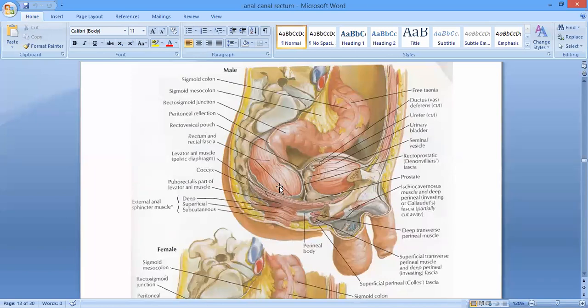It is the point where the rectum is going to be continuous with the anal canal, and it is marked by what? Right? It is marked by the forward convexity of the perineal flexure. ठीक है जी? Is it clear, जी? Yes, sir. Okay.